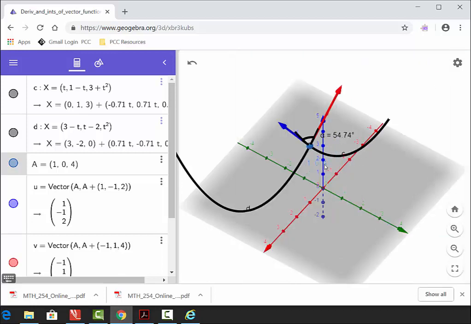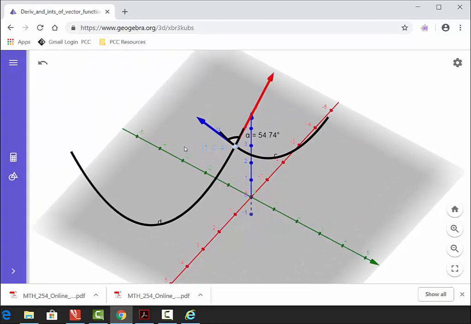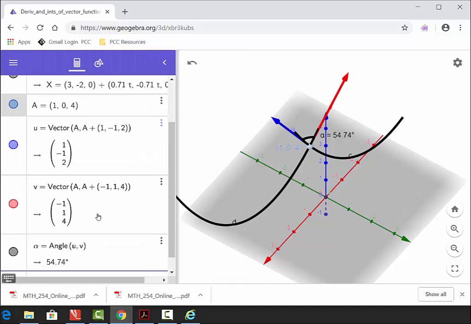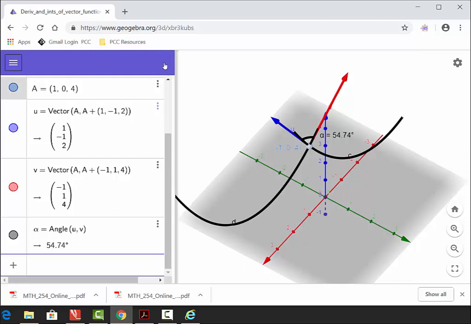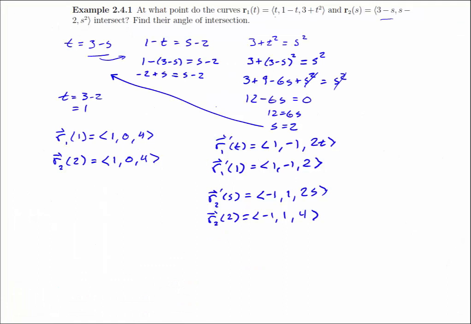You see, there's the point of intersection at 1, 0, 4, and then we have the direction vectors for both of the two space curves going in these two different directions. Here, Geogebra has actually found this angle for us. We have the vectors themselves, and then we can just type in angle from those two vectors, and it spits it out for us. But we want to do that by hand. So let's switch back over to our page.